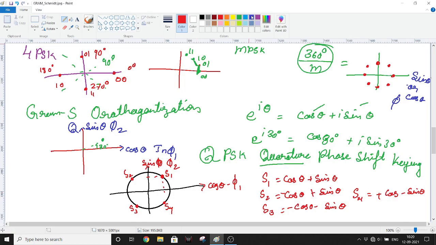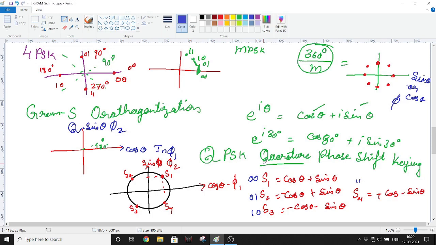And these symbols can be represented with a combination of two bits, that is 00, 01, 10, 11. Fair enough. So this is the representation of quadrature phase shift keying.